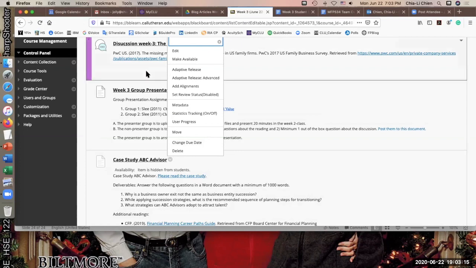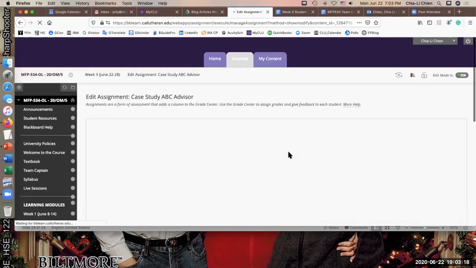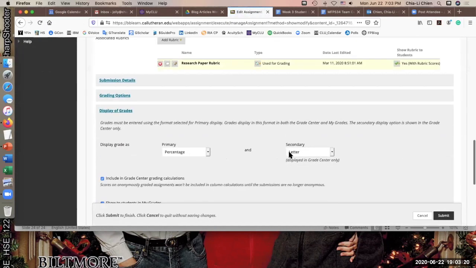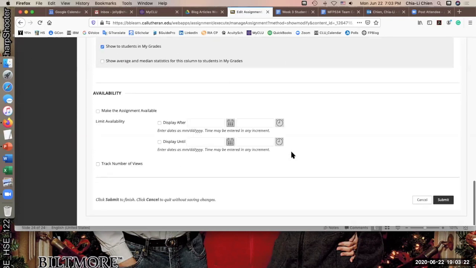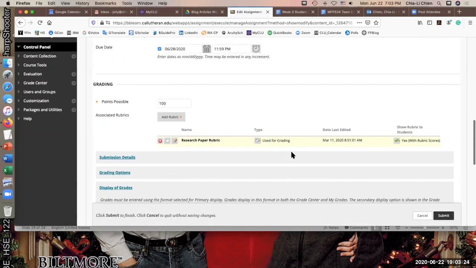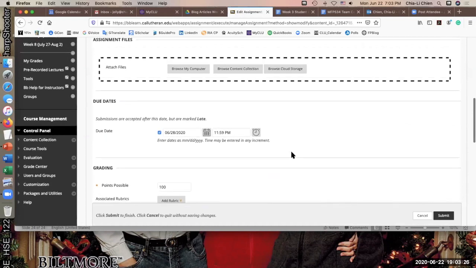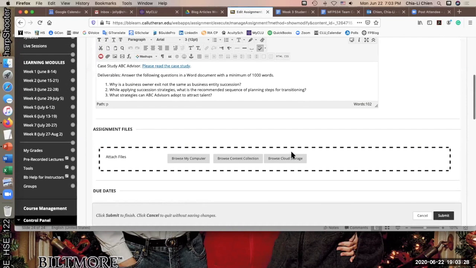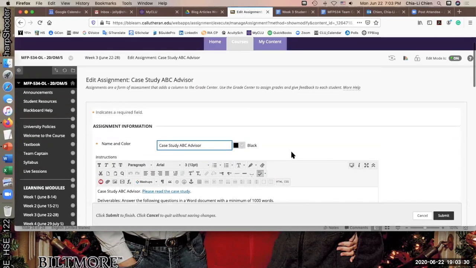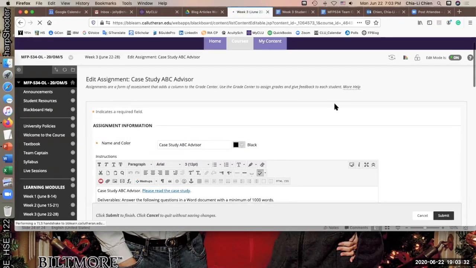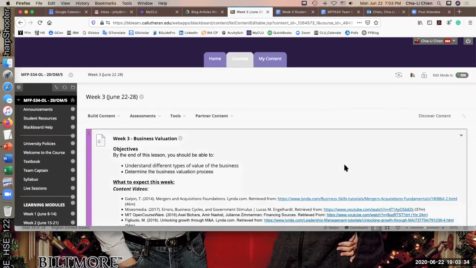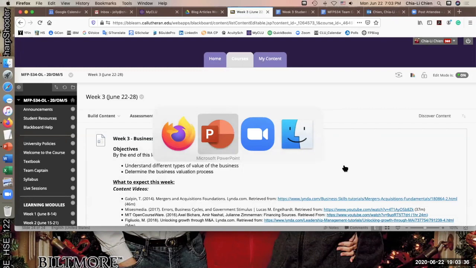I've been talking without knowing that it was hidden. Why is it hidden? I will make sure that it gets turned on for you guys. The due date is correct. Let me make sure it's turned on right after class. Okay, any other questions?